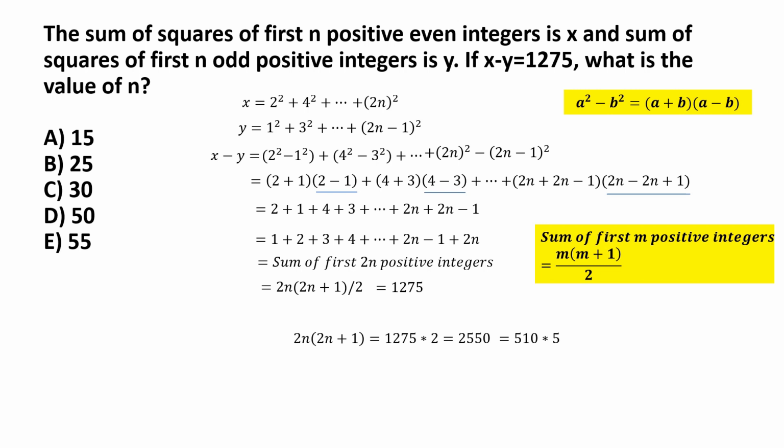I can easily do that, because it's a product, so I can shift the 0 to the second term. That will become 51 multiplied by 50, which is the same as 50 multiplied by 51. So I have the product of two consecutive integers. So I've expressed 2550 as the product of two consecutive integers, and from this I can write 2n is equal to 50 and n is equal to 25. So the correct option in this case will be option B, 25.